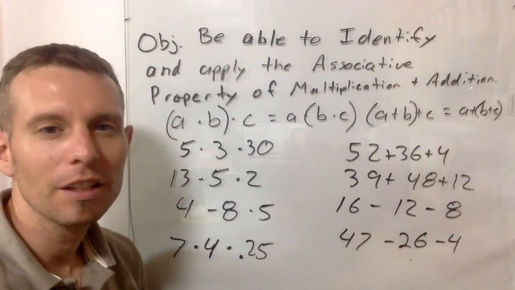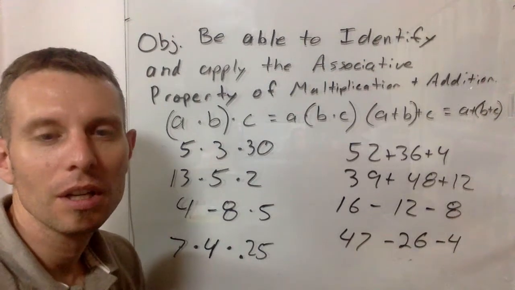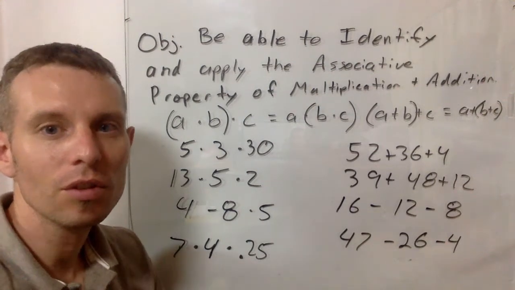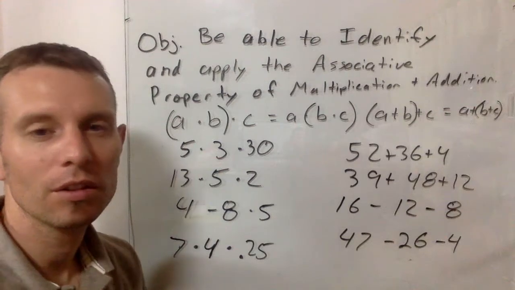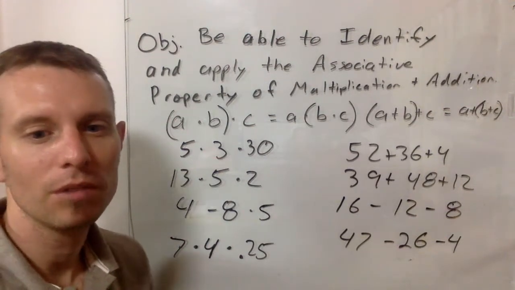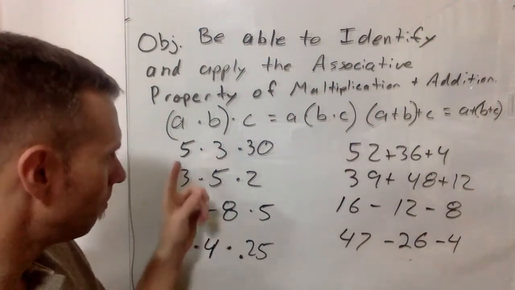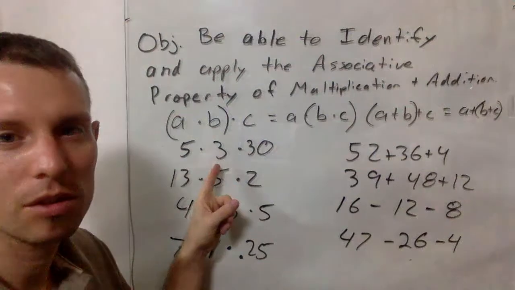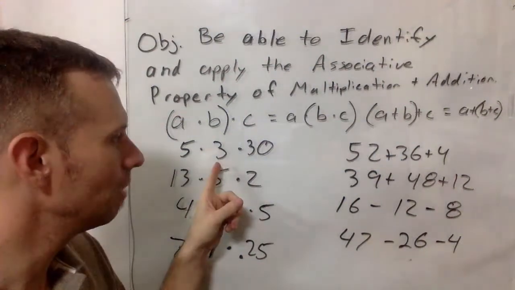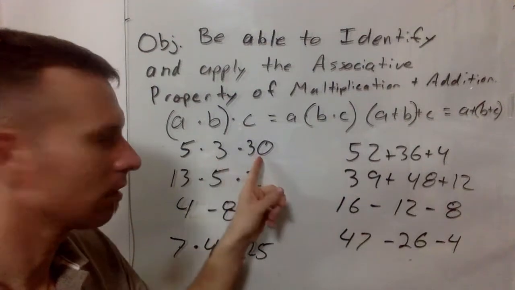Now, again, look at all these problems on the board, and maybe at first they might seem a little difficult, but if you know how to use, and you can quickly identify, oh, the associative property would be helpful in this situation, it might make these problems a little easier. Instead of doing 5 times 3 and then multiplying times 30, what if we did 3 times 30?